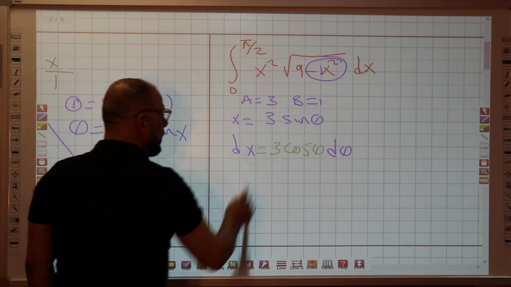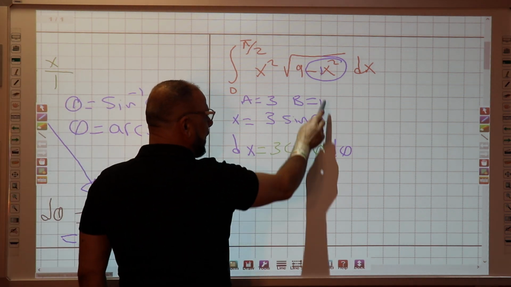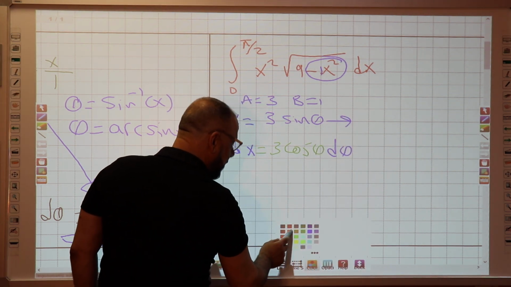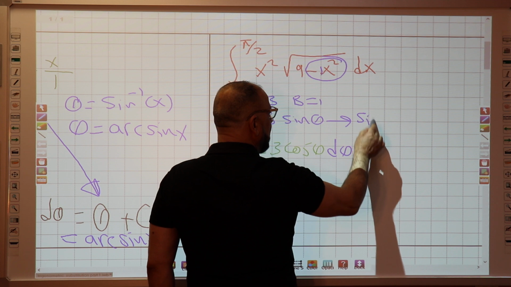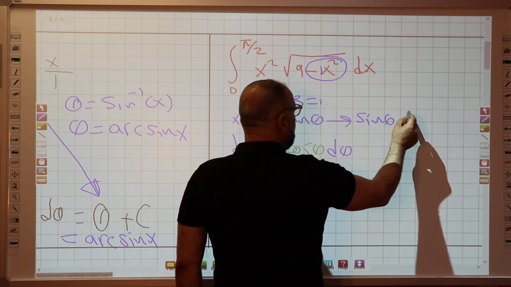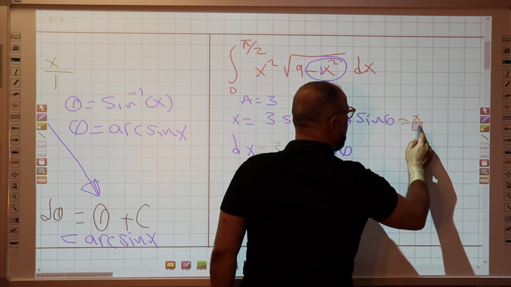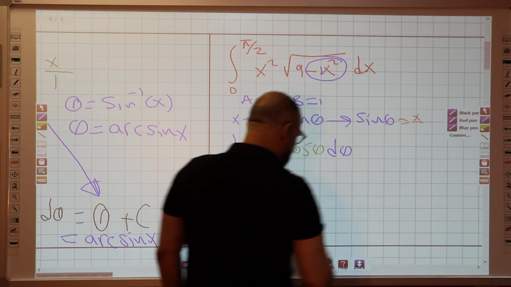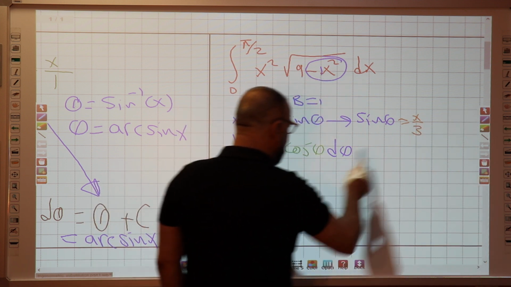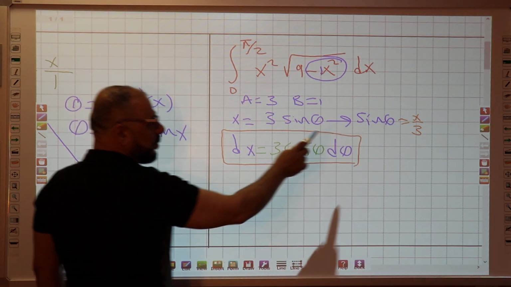Good. What is my triangle now? Sine theta equals x over 3. Now draw the triangle. We need this, and we need this at the end.